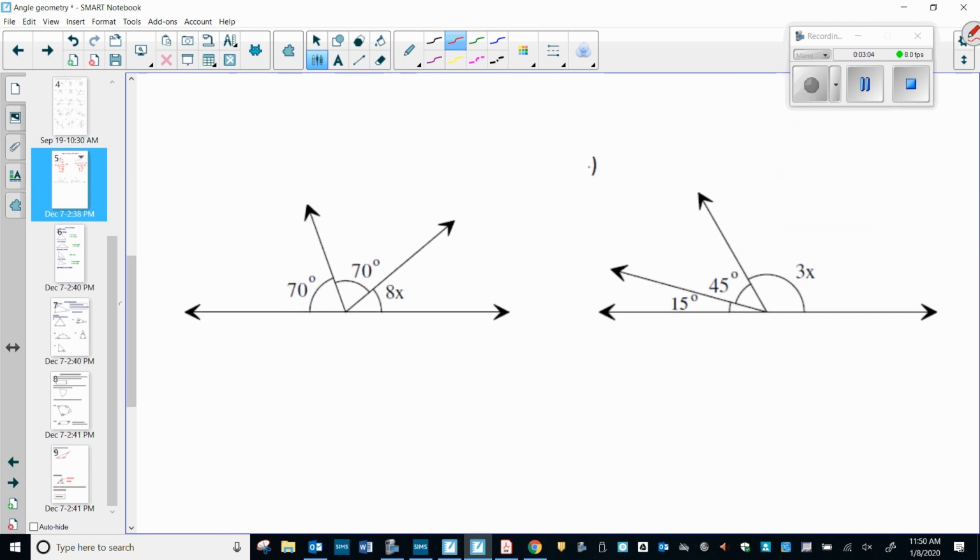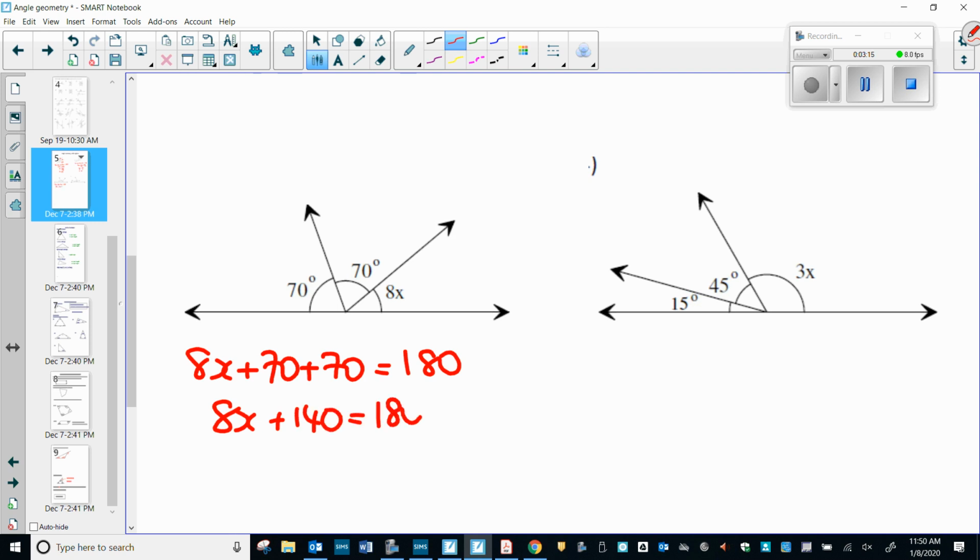Similar thing here. We've got 8x plus 70 is equal to 180. So 8x plus 140 is equal to 180. 8x is equal to 40. x is 5.